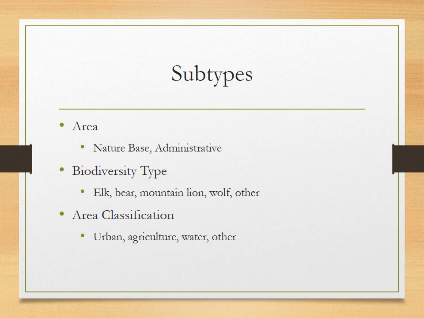We also classify the area to limit the specificity. That way we're just focusing on broader categories like urban, agriculture, and water. We're not going into so much detail about whether it's a coniferous or deciduous forest, just forest canopy cover, since that directly impacts elk populations.